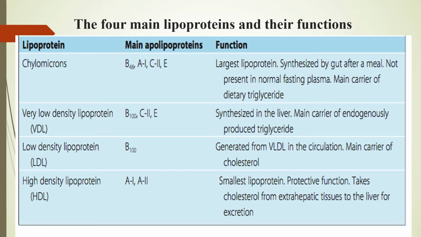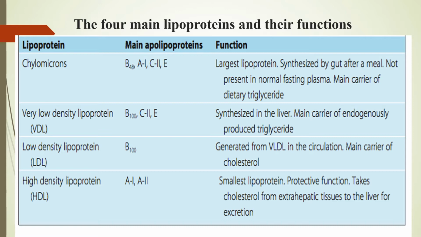We have the chylomicrons that are synthesized in the small intestine, very low dense lipoproteins synthesized in the liver, low dense lipoproteins which are synthesized in the circulation and deliver cholesterol to tissues.